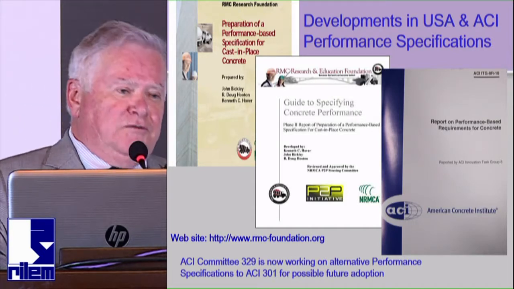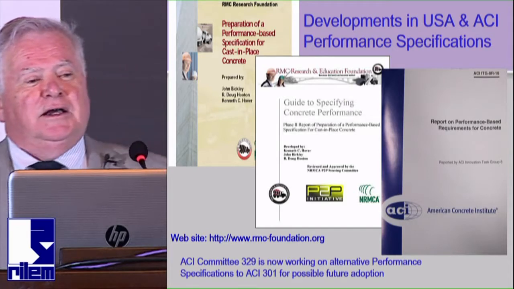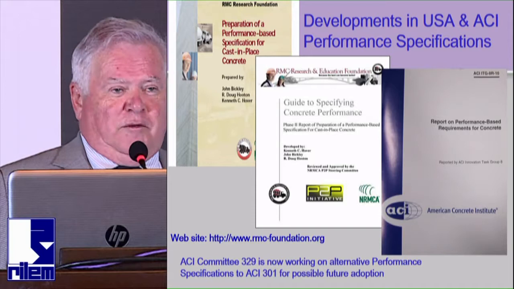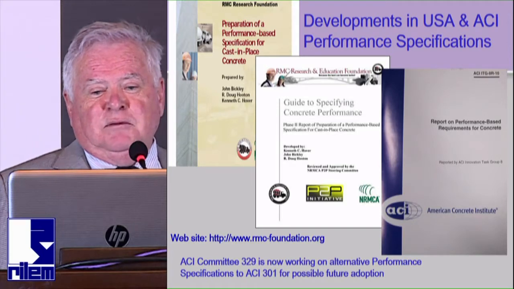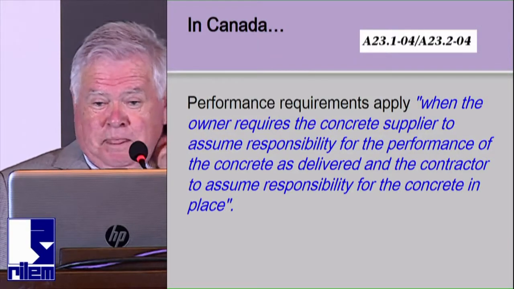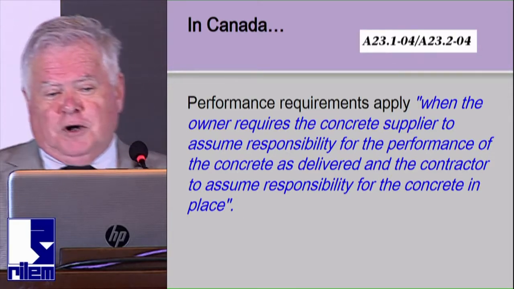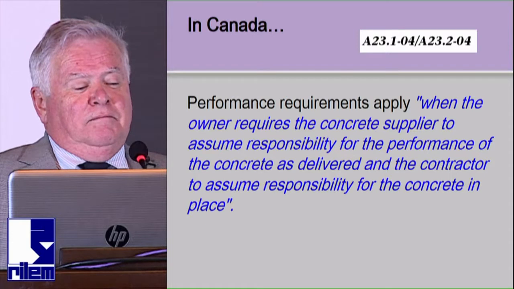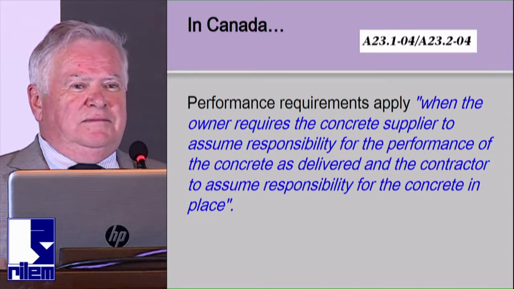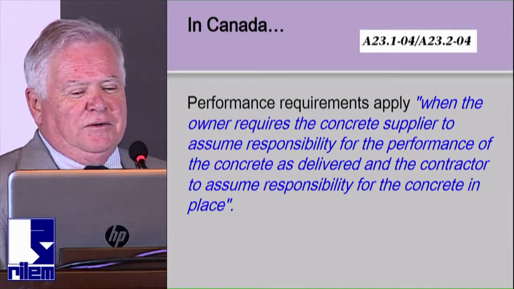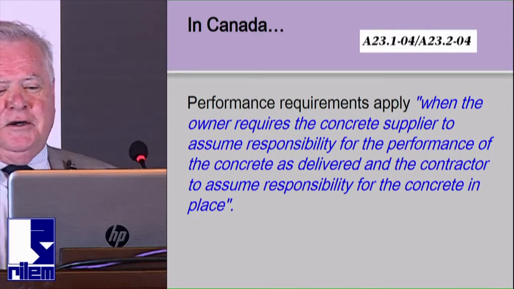And they're now working to try and develop an alternative to the ACI 301 specification that's performance-based, as opposed to the existing prescriptive-based spec. In the Canadian standard, we developed, in 2004, we moved towards either you had to define a performance option or a prescriptive option for specifying concrete.